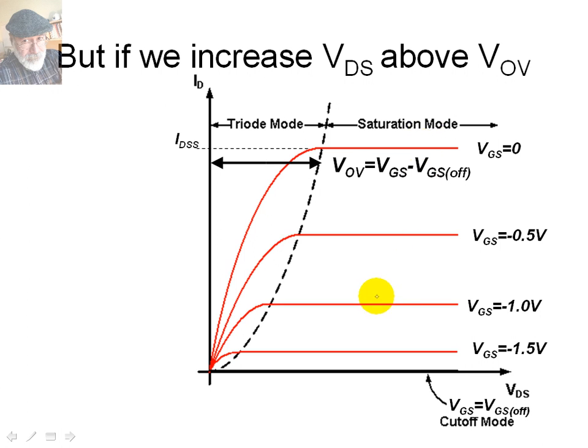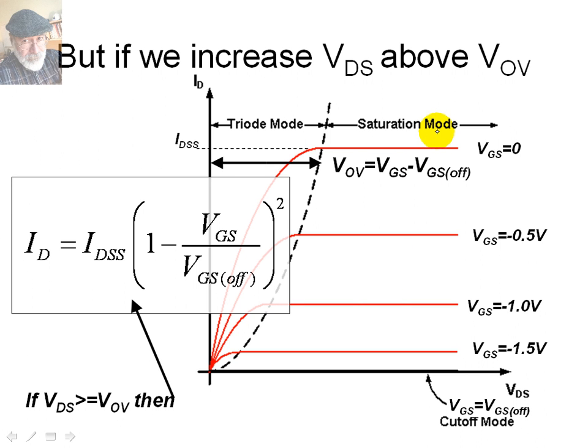But now, when we are in saturation mode, there is no relationship between the current in the drain and the voltage VDS. There will be a relationship, however, between that current in the drain and the voltage between the gate and the source. That dependence is given by this quadratic expression. IDSS is a constant that depends on the transistor, and the VGS pinch-off is a constant that also depends on the transistor.